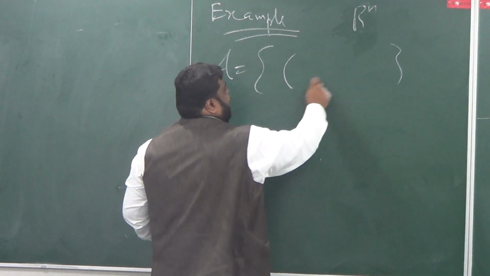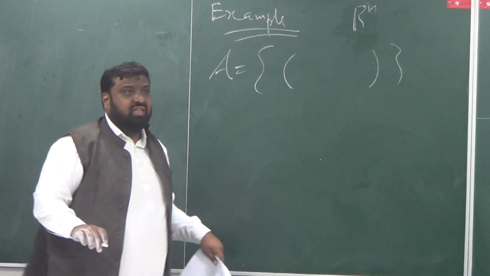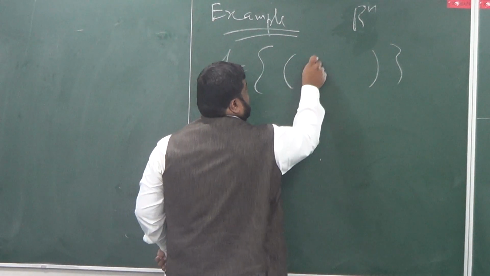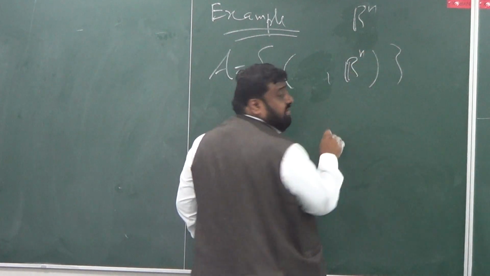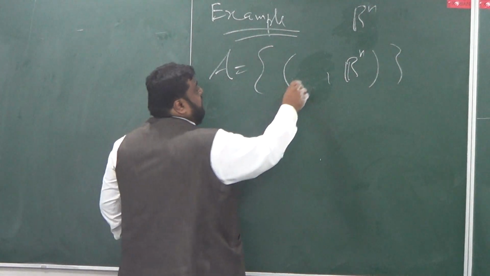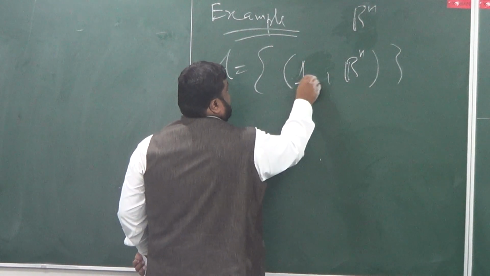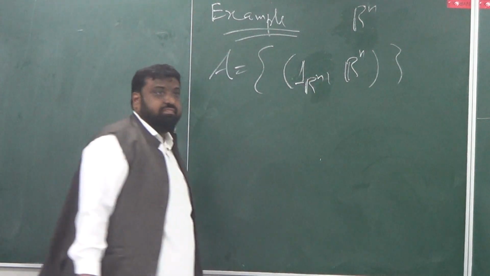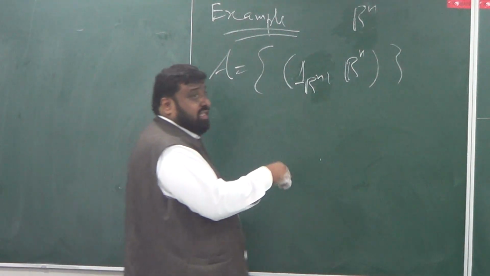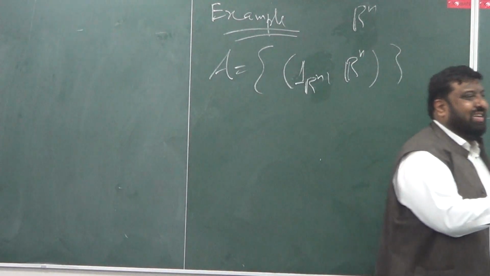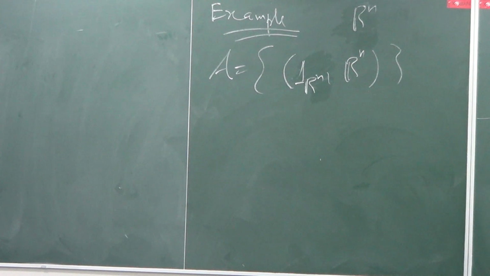It's going to be a singleton chart, in which the open set is R^n itself, and the chart map is the identity map. That's it. So R^n is a smooth manifold. Any n-dimensional space is a smooth manifold. And hence anything that is isomorphic to R^n is also a smooth manifold. Think about it.